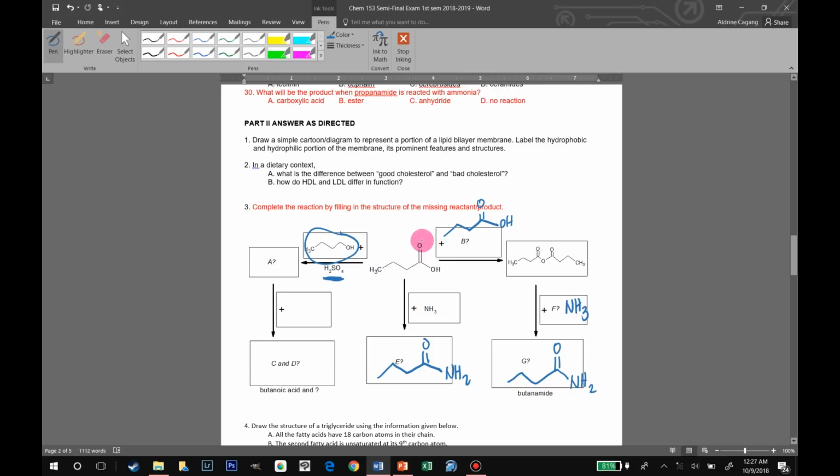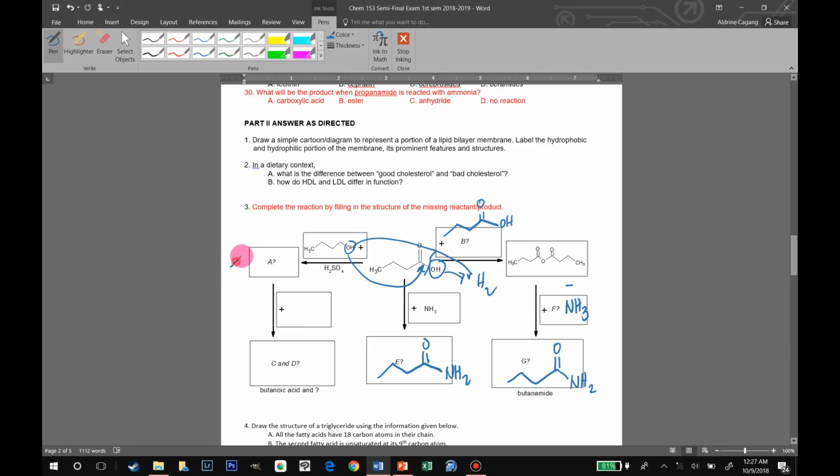So you have a carboxylic acid and an alcohol, that is typically your esterification reaction. In your esterification reaction, this OH here is going to form a bond here. The OH here goes away, abstracts the H here to form water.